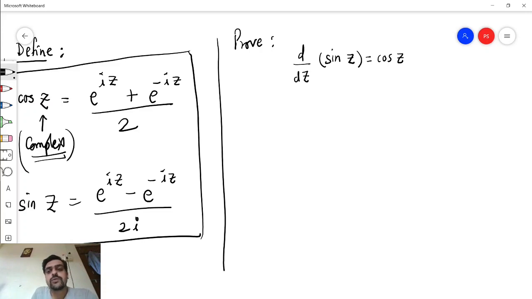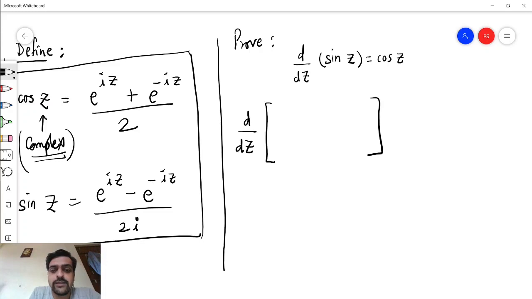Now we all know from calculus that this is the formula, but now we are going to prove this for complex numbers. So we will start our step by expressing sin z in terms of exponential terms.